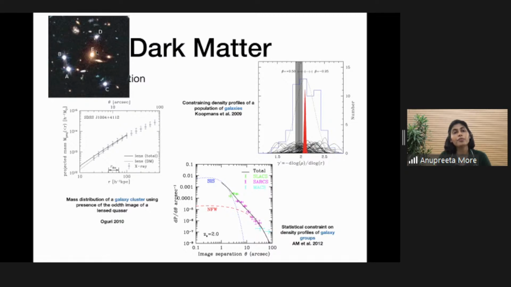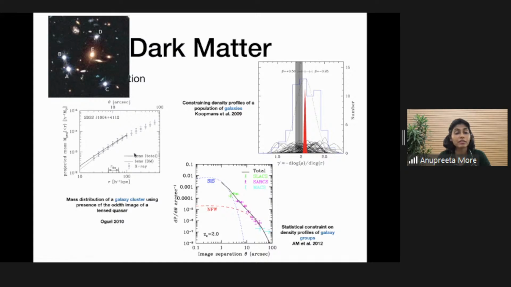And with the help of the observables here, the positions of these lensed images, their magnifications, and also the time delays in this case, because this is a lens quasar, so we can get the time delays as well. Various mass models are tested for this galaxy cluster.